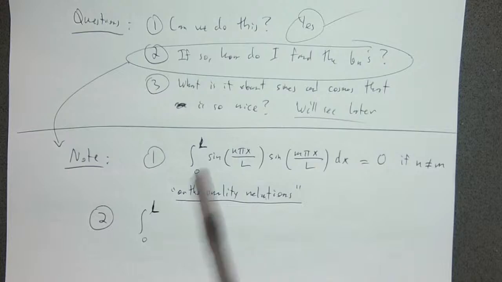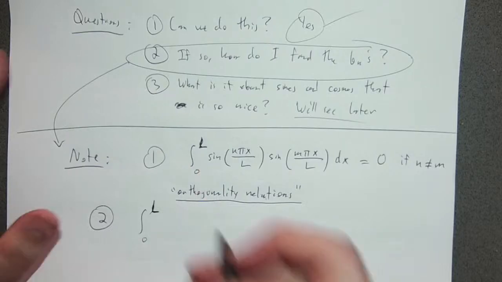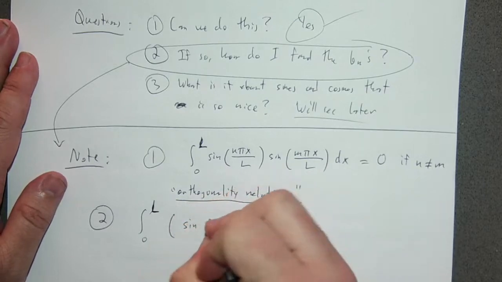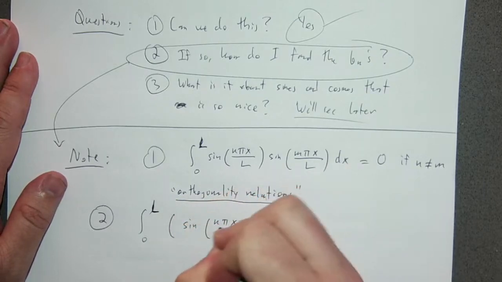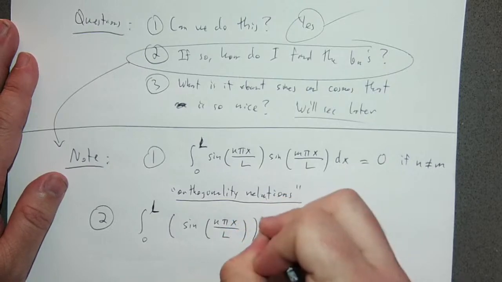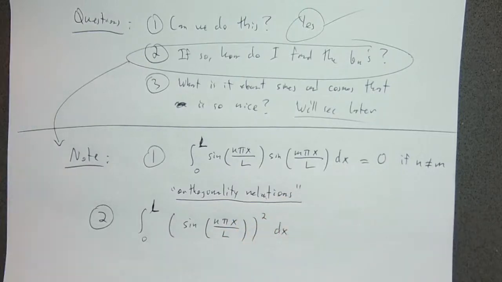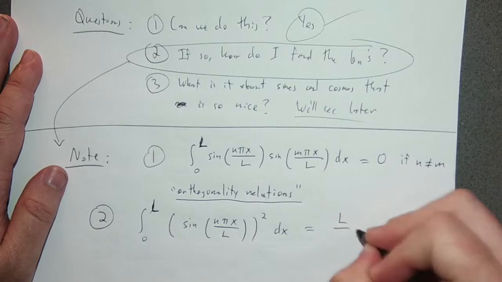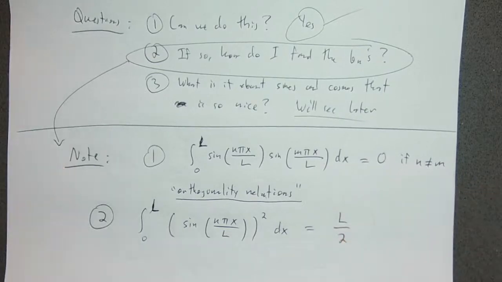Let me switch back to what I was doing. So this is the integral from 0 to L of sine of n pi x over L all squared dx. And this is L over 2, it turns out. You can also check this via direct integration.